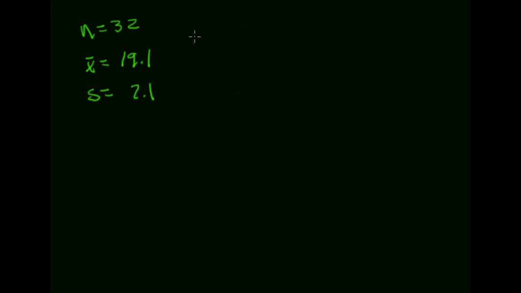Now the question is, where are the bounds for the mean of the population? I'm going to use the sample to draw an inference about the mean of the population, and I'm going to create a 95% confidence interval for that distribution.